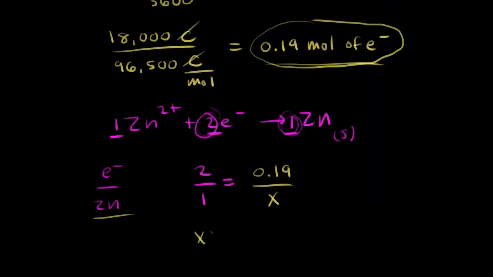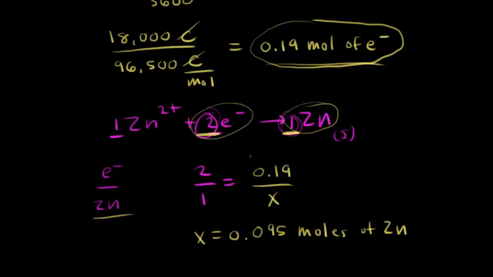So X is equal to 0.095. And X represents the moles of zinc that are produced in our reaction. And again, we got this from our mole ratio. 1 mole of zinc forms for every 2 moles of electrons. So if you have 0.19 moles of electrons, half that is how many moles of zinc that are formed.